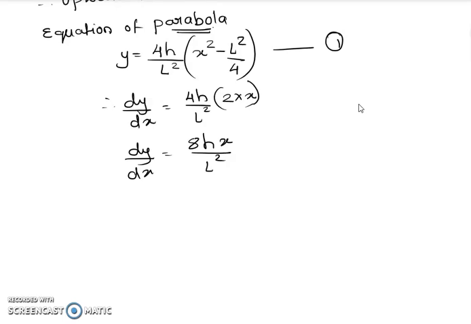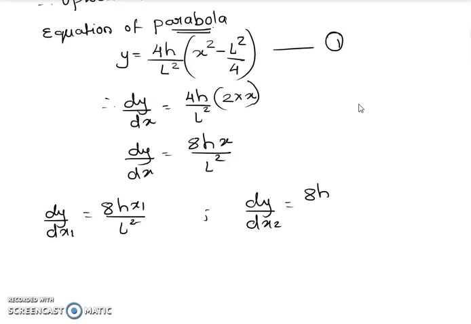So this is the common derivative. Now if we take it with respect to x1 and x2, dy by dx1 is equal to 8hx1 upon L square, and dy by dx2 is 8hx2 upon L square.